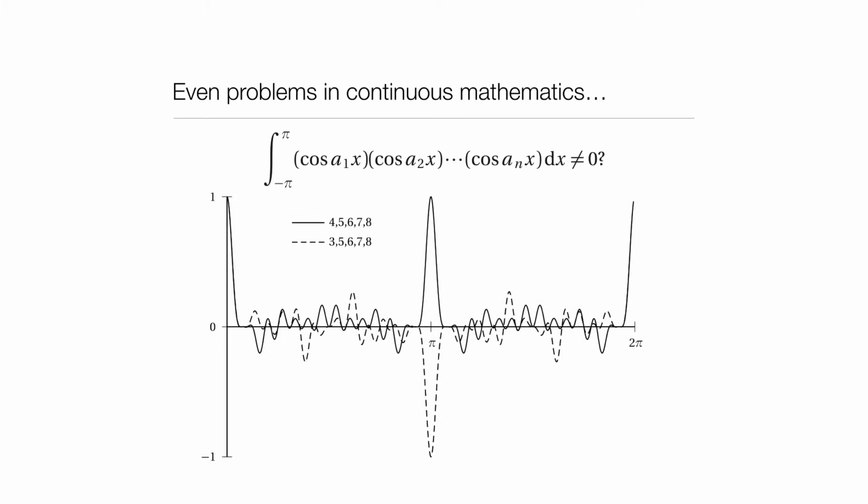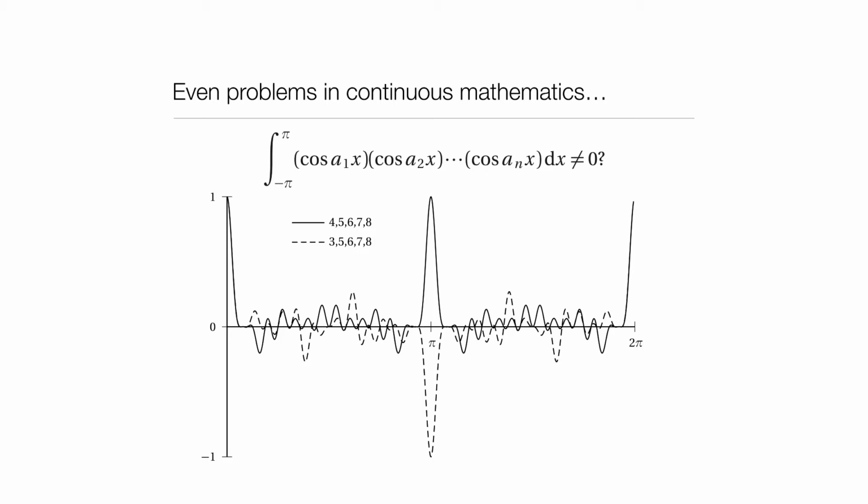And then the product, the integrand, is some wildly oscillating function, and the question is: is the integral 0 or not? Is the area above the x-axis exactly equal to the area below the x-axis so that it all cancels out, or isn't it? That's NP-complete.